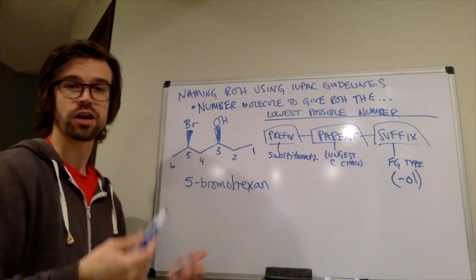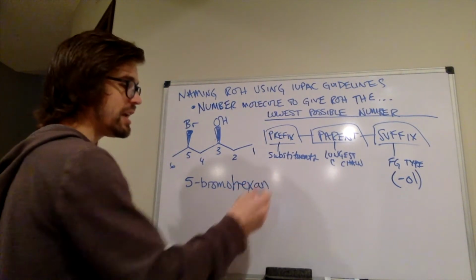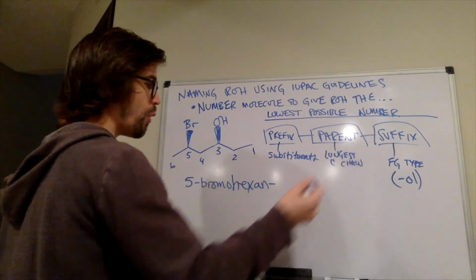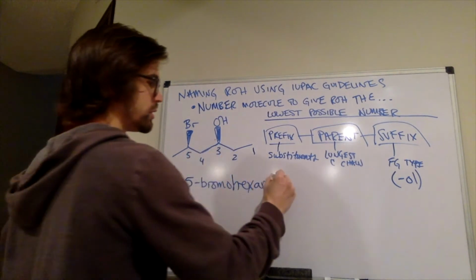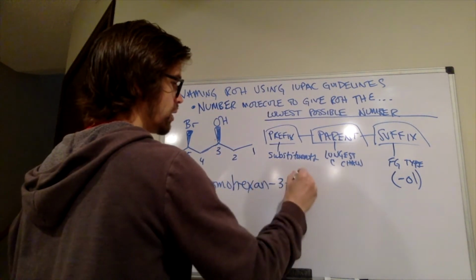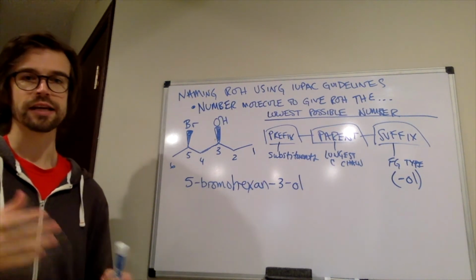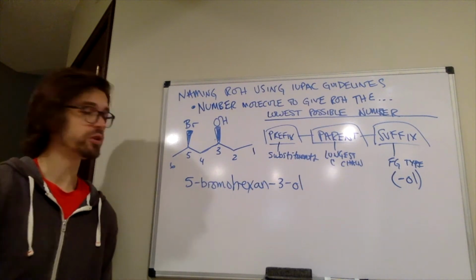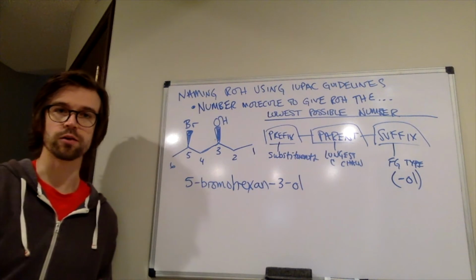There are no alkenes or alkynes. The AN stands for alkane. But instead of putting the E on the end for alkane, we put the OL on there. And we also indicate where the alcohol is. It's in the 3 position, so we would do 3-OL. So this molecule is 5-bromohexane-3-ol. Are we done? If you just saw this name, would you be able to draw this specific molecule?